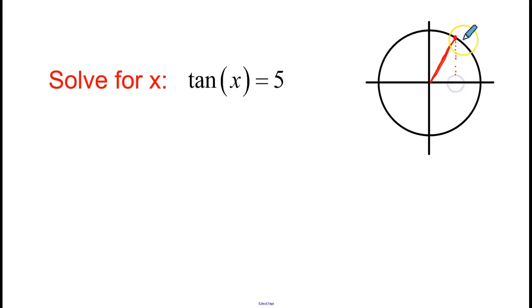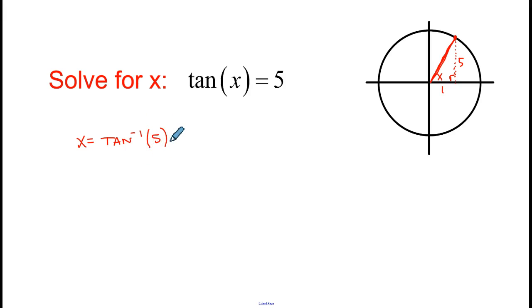The tangent ratio for this angle, this is x, is 5, or 5 over 1. So I can think about this value here is 5. This is 1, opposite over adjacent, 5 over 1. So the value of that angle x equals the inverse tangent of 5.